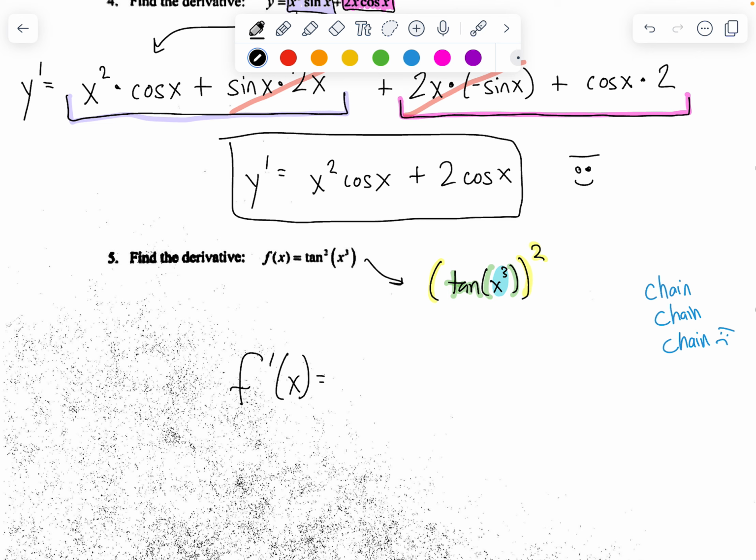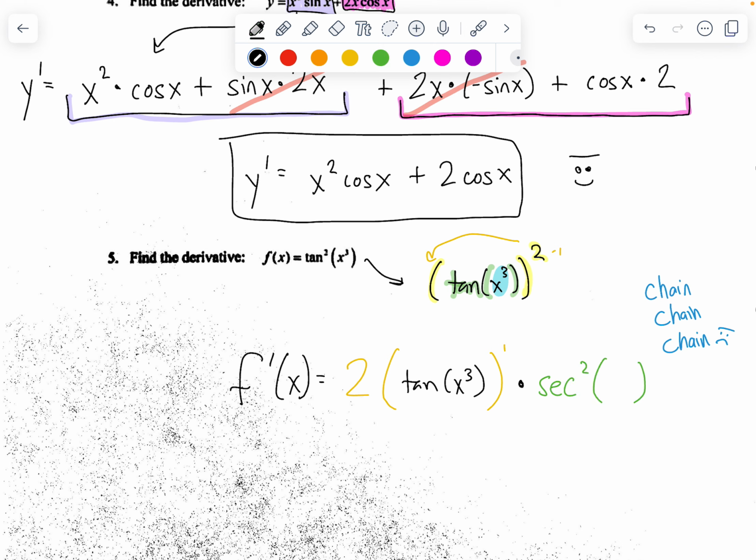So first we do the derivative of the outside stuff. This one's great. So it's 2 times the tan of x cubed. And then if you want to put a 1 here, we can. But we do that outer derivative. Multiply in front, subtract by 1. There's the outer derivative. Then we got to do the derivative of the inside part, which is the derivative of tan. Derivative of tan is secant squared.